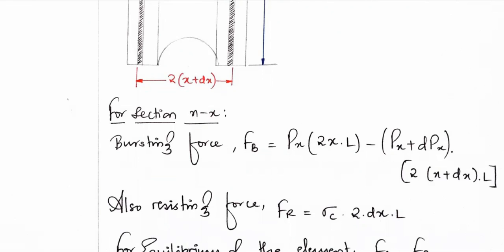This is nothing but the area where the pressure is acting. Let me write it for you people. This is the area where the pressure is acting. Now, once again, this is also the area where the pressure is acting. The other two things are pressures. This is the internal pressure, this is the external pressure.